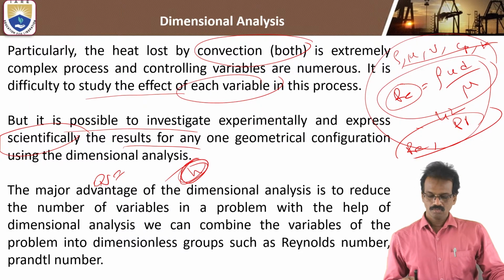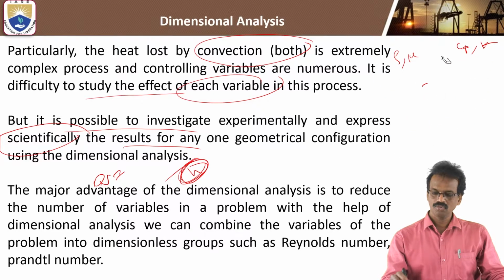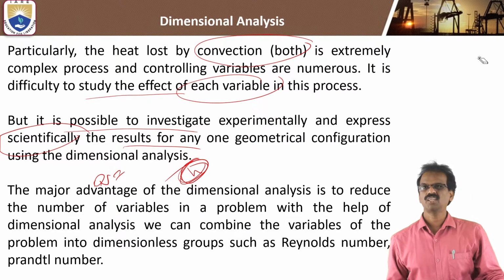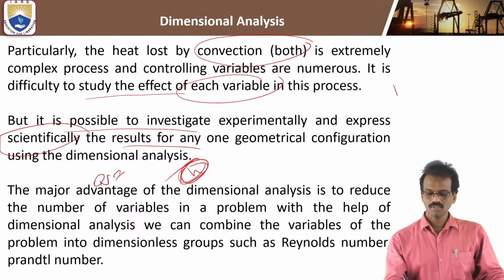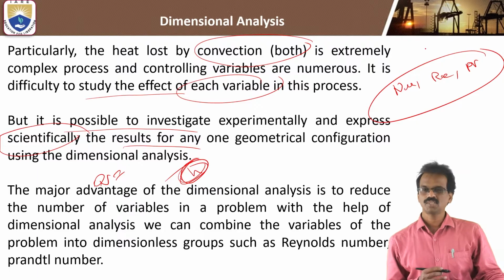In convection, you know there is forced convection and natural convection. In forced convection, based upon the Nusselt number, Reynolds number and Prandtl number, you can study the forced convection process.